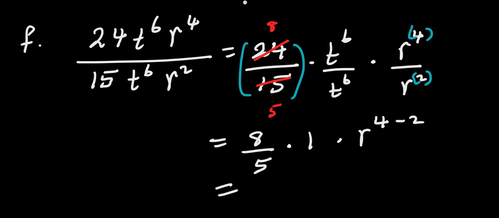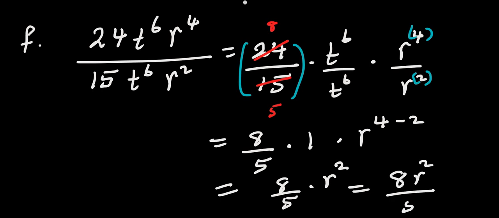So this will be equal to 8 over 5 times 1, times r squared, which is equal to 8r squared over 5. Final answer. I hope this makes some sense. All right, let's move on to the next one.